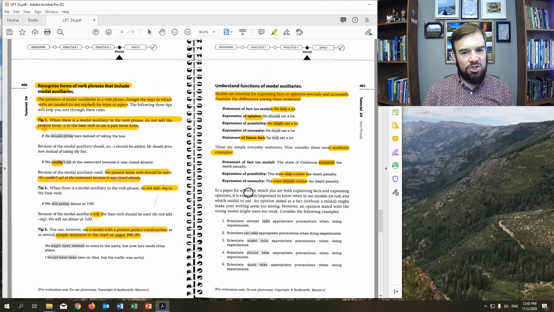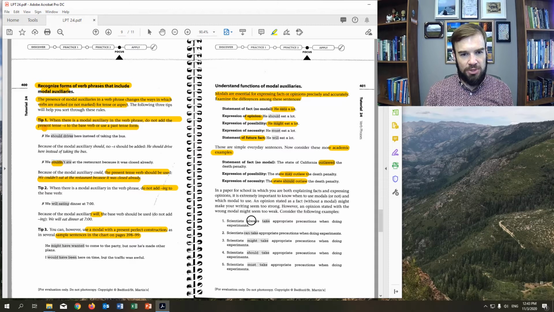Now, in a paper for school, in which you're both explaining facts and expressing opinions, this could be like in persuasive writing, a summary and response type of writing, anything where you're advocating, you're fighting for, you're making the argument for a specific position, it is extremely important to know when to use modals or not, and which modal to use. An opinion stated as a fact without a modal might make your writing seem too strong. However, an opinion stated with the wrong modal might make it seem too weak.